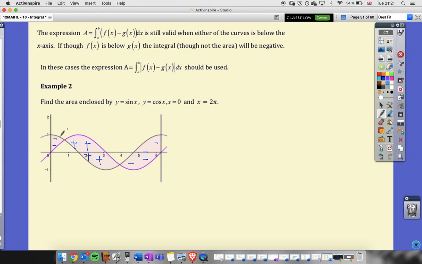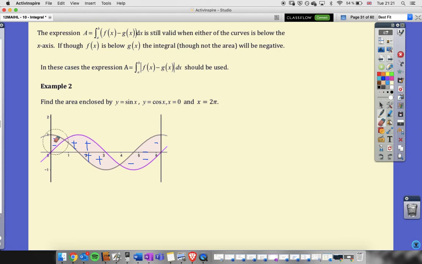And if we were just doing this on our calculator, it could be that these cancel each other out and we get an area of 0, which would highlight the issue. Could be that we get a negative area, which would highlight the issue, or more sneakily, we might have functions where we get a positive area, and so we don't realise that we've got this issue.